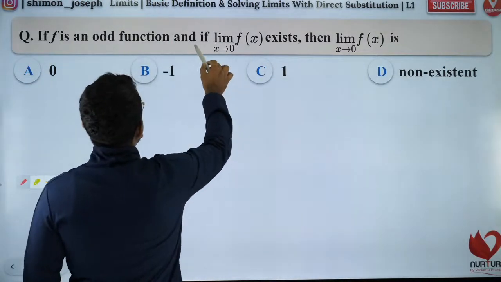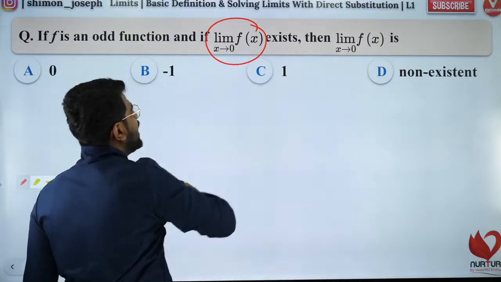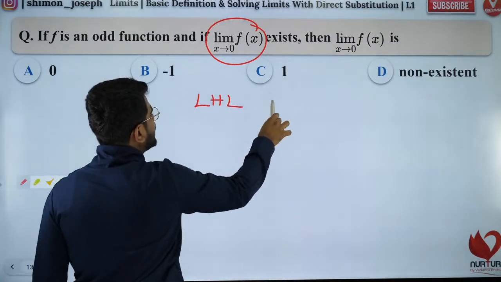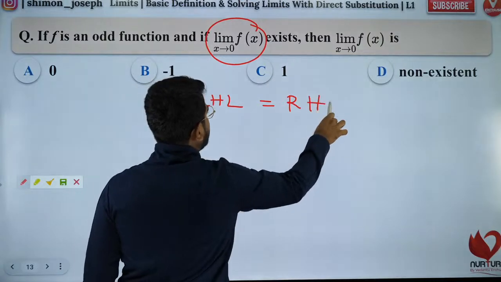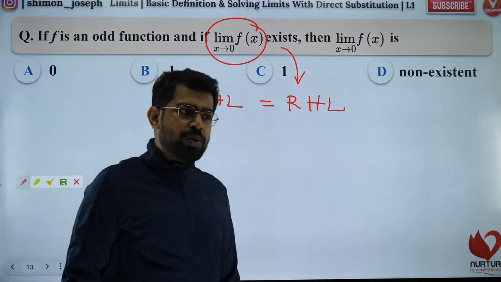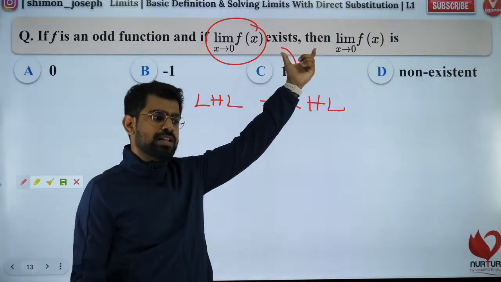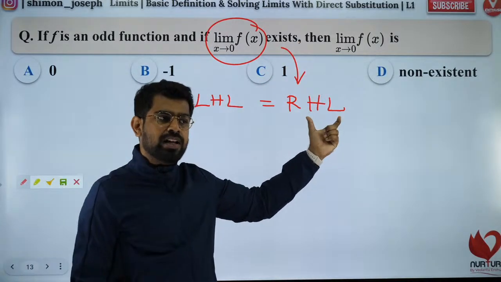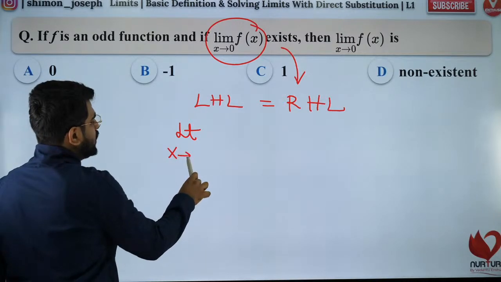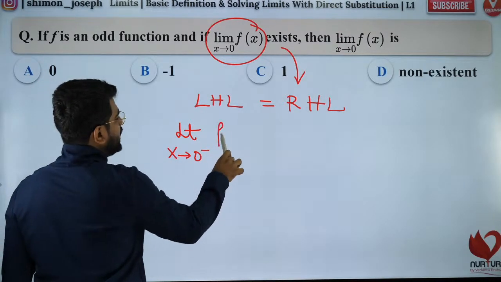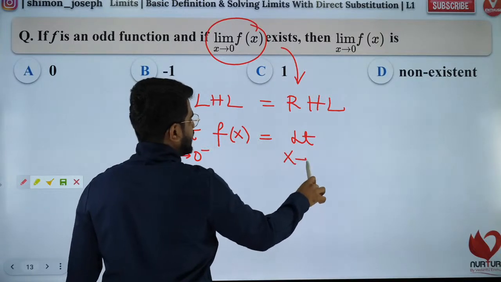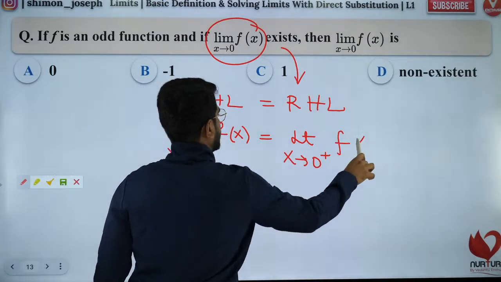So your limit exists. If your limit exists, guys, can I say my left hand limit is equal to right hand limit? Because only then the limit will exist. Are you all clear with that? If your limit exists, my LHL should be equal to RHL. So can I say limit x tending to 0 minus f of x is equal to limit x tending to 0 plus f of x.